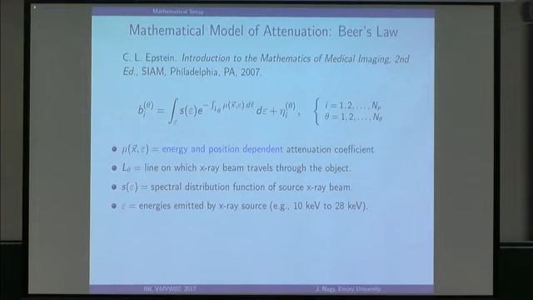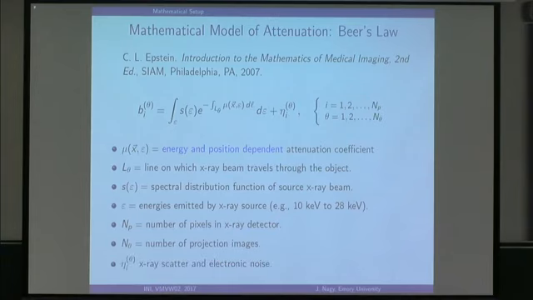For medical imaging, especially breast imaging, they try to use a very low energy X-ray, but the energies could just depend on the object and the source. Of course, you have a number of pixels in the X-ray detector, and I'll give you specific numbers later. And then the number of projections. As I said, in tomosynthesis you have a limited angle, very few projections, and in full CT, you'll have many projections. Of course, you have your noise, which can comprise many different things, such as X-ray scatter and electronic noise.